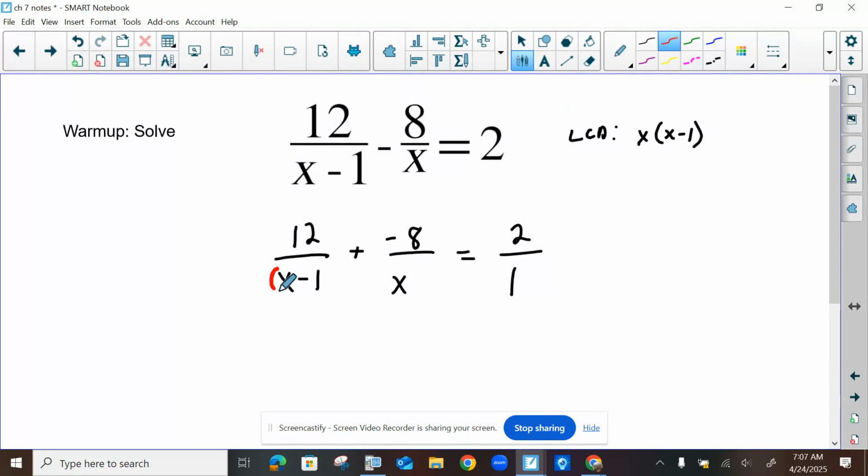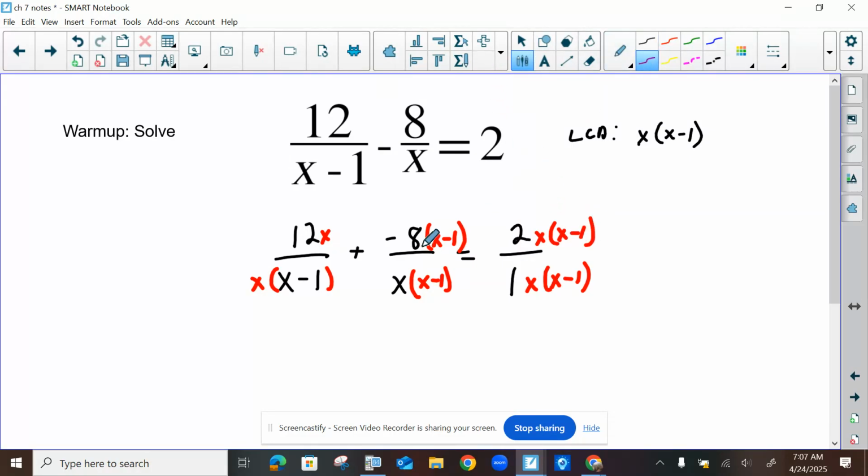This one's missing the x, so I'm going to put an x in the bottom and multiply the top by x. This is missing the x minus 1, so I'm going to put it at the bottom and on top. And finally, this is missing both, so I need an x times x minus 1, x times x minus 1.